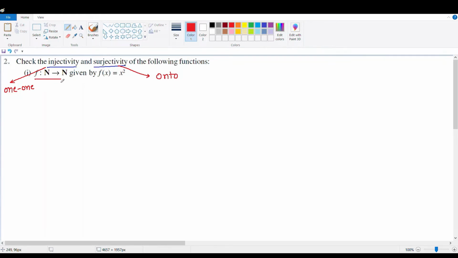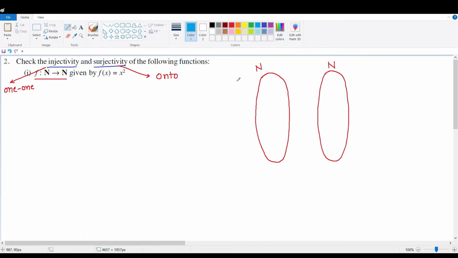Now you are given what? Function from natural number to natural number. So let's say this is our domain and this is our codomain.